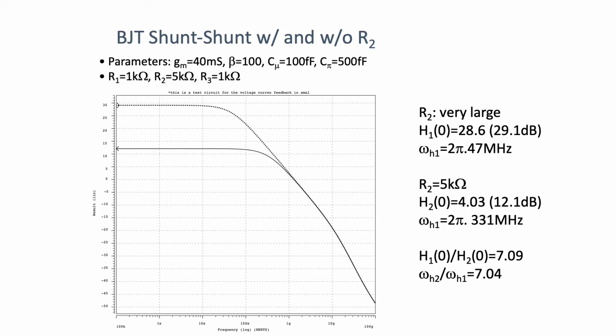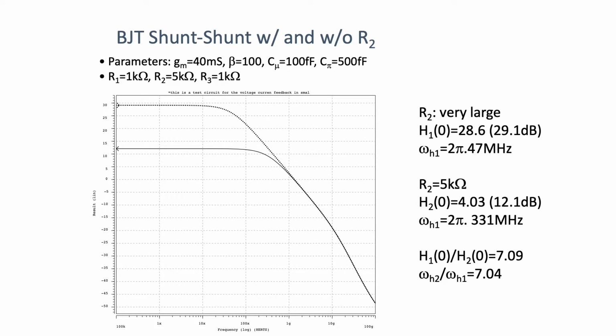There are two simulations here. This is the Bode plot of the amplitude. The dotted one is for when R2 is infinity, when there's no R2. And the second one is when R2 is 5 kilo ohms. In the first one, without R2, the system has a gain of 28.6, about 29 dB, and a 3 dB bandwidth of 47 megahertz.